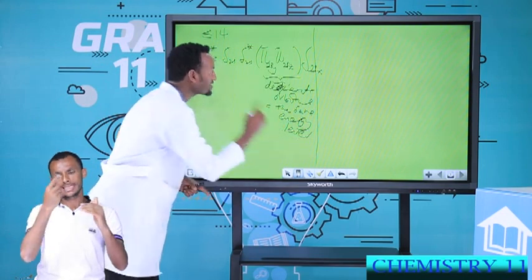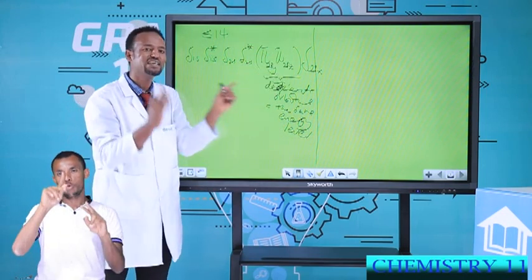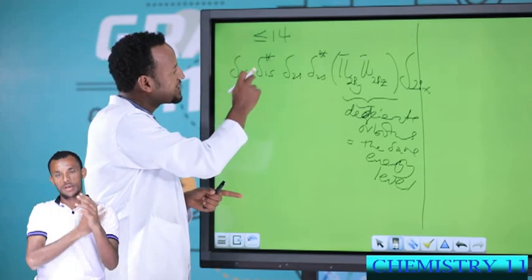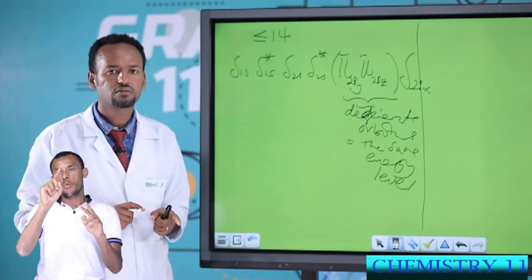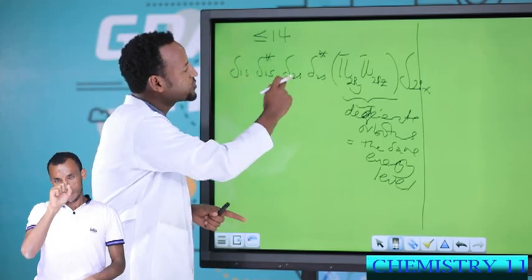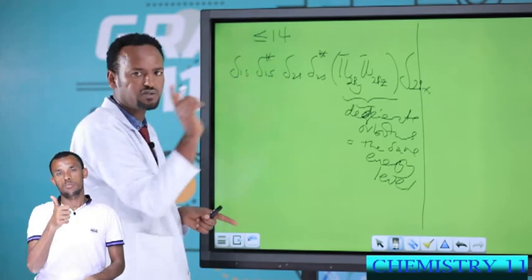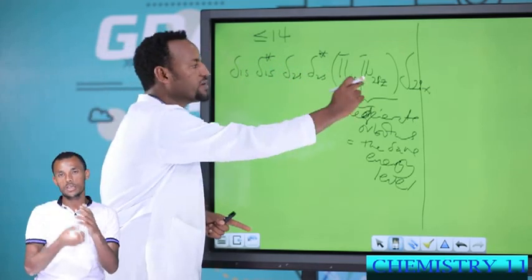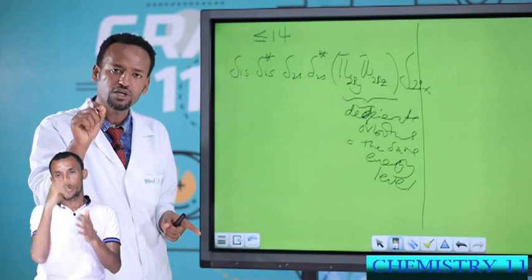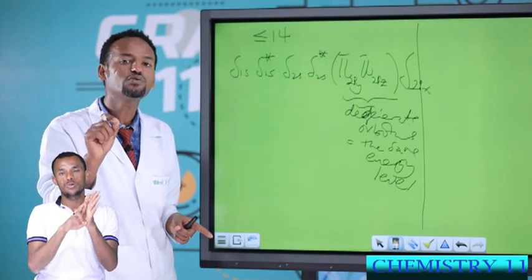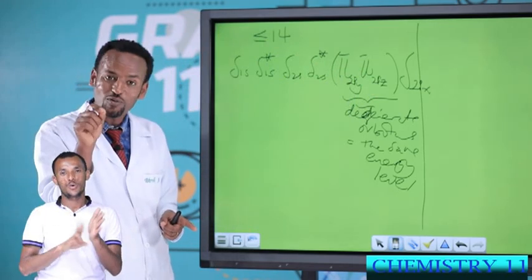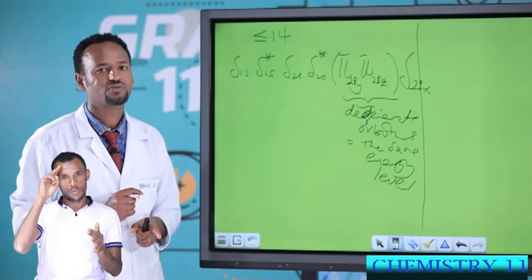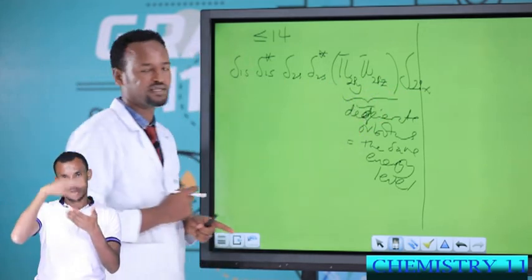Pi 2py and pi 2pz are at the same energy level. But sigma 1s and sigma star 1s are not at the same energy level, and sigma star 1s and sigma 2s are not at the same energy level. These are not degenerate orbitals, but pi 2py and pi 2pz are. For degenerate orbitals, which rule applies? Hund's rule, as you know from chapter 2. Therefore, this is sigma 2px.